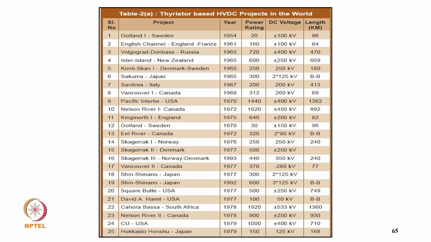Starting with the Gotland, it ran from 1954 to 1979, and power rating varies from typically 20 megawatt to as high as 1620 megawatt on Nelson River, and then the voltage also varies over a wide range, from typically 100 kilovolt to even 260 kilovolt, and the length also varies over a wide range, and the longest distance is 1362 kilometer, and back to back also is a zero distance line.